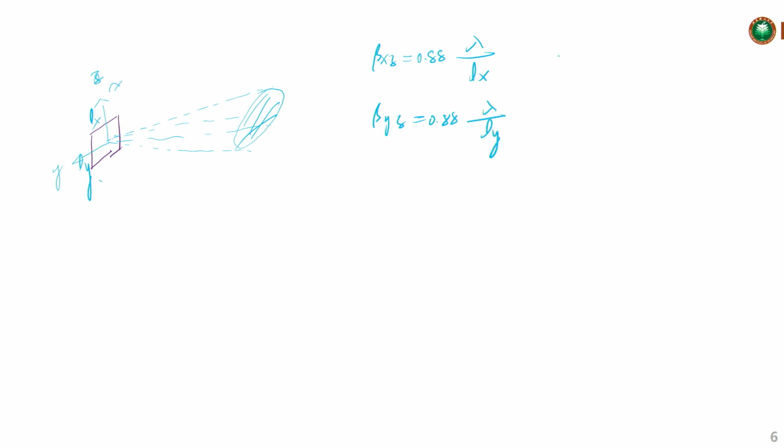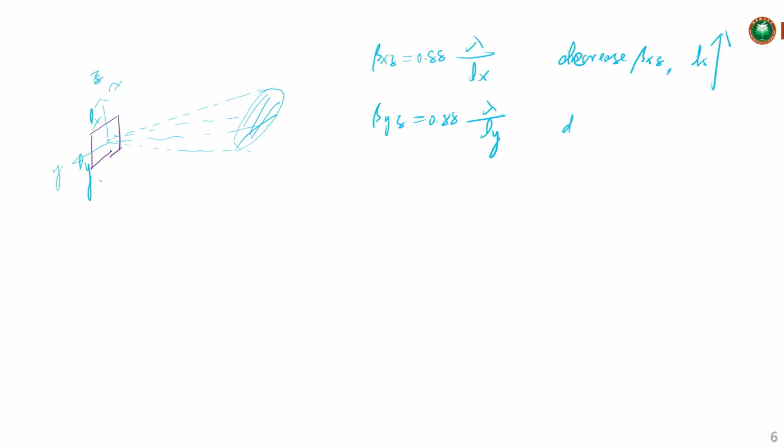So if we want to decrease beta x theta, that means decrease the beam width, we can increase Lx, that is, increase the aperture size.